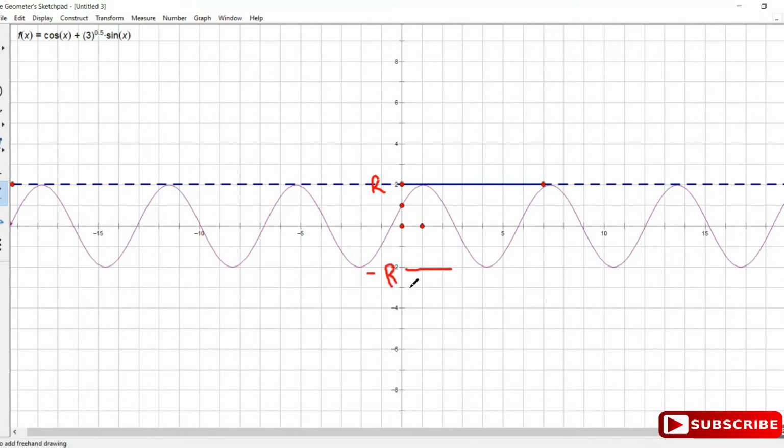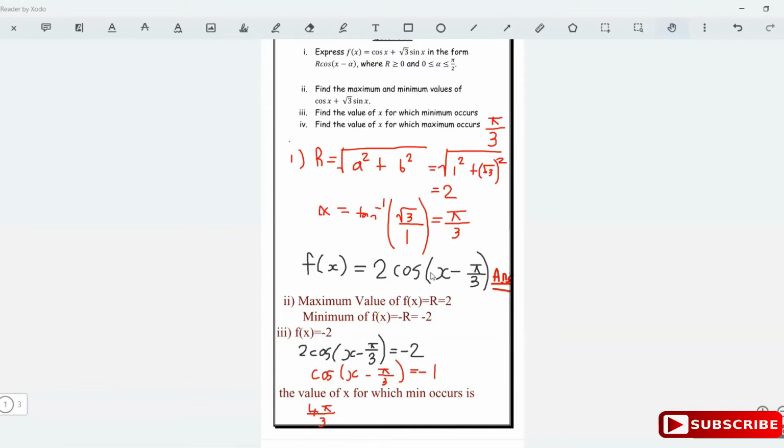Now remember, what did we say? Looking back at our question, we said it is 2 cos(x minus pi by 3). And so we show that the maximum is 2 and the minimum is minus 2 by sketching this graph. Now you probably want to know how I know the value of x for which the maximum occurs. The maximum occurs when x is pi by 3.